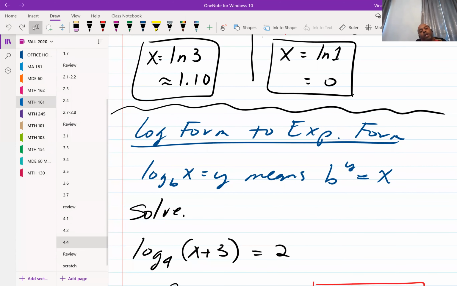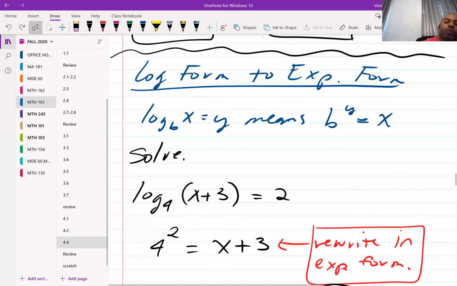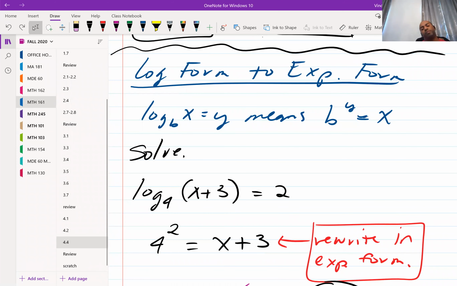So looking at here, we have log base 4 of x plus 3 equal to 2. And we can rewrite in exponential form. Remember, we start off with our base, which is 4. Whatever's next to the 4 in the log form should not be next to the 4 in the exponential form.